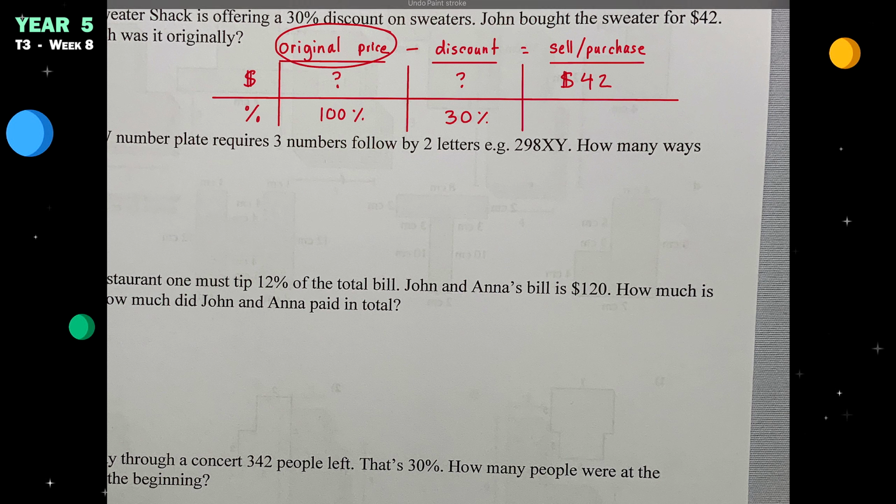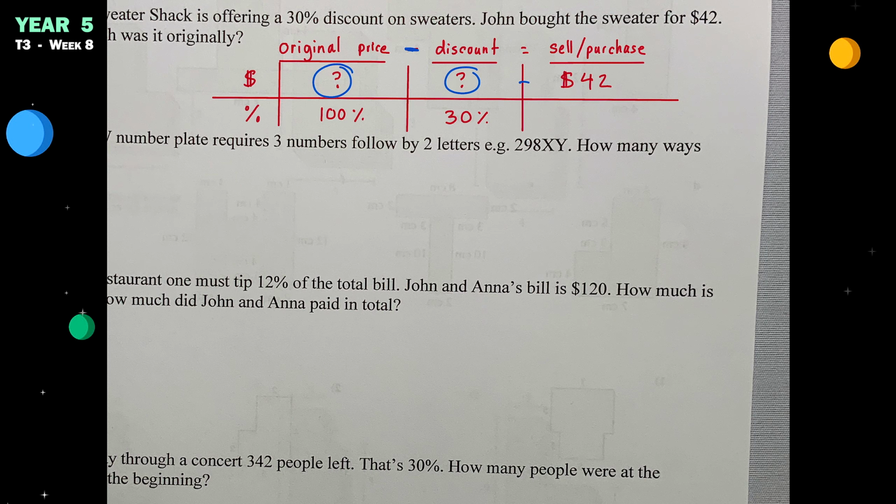Which means that all of these values are minus. So this value minus this value will give us that value. Same thing for this one. So although I don't know the percentage of the sale price, I can work it out. 100 take away 30 will give me 70%.